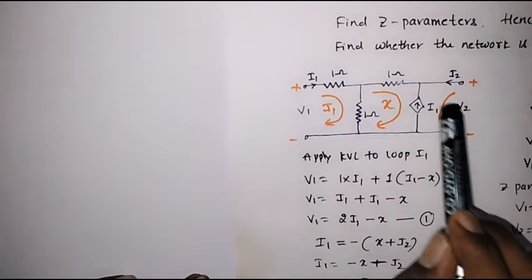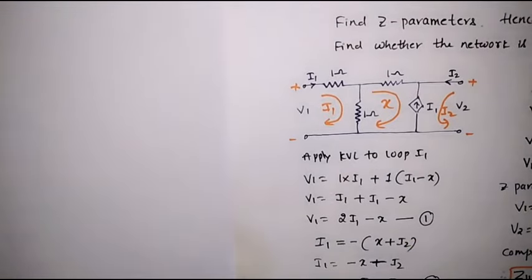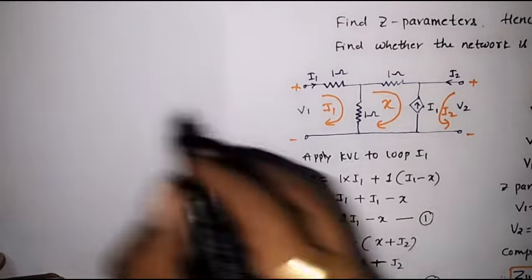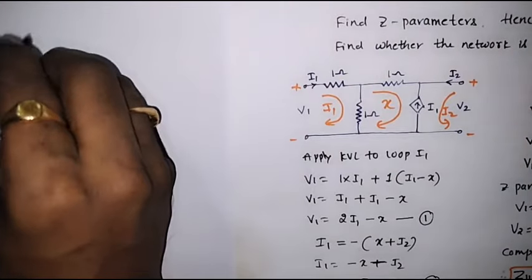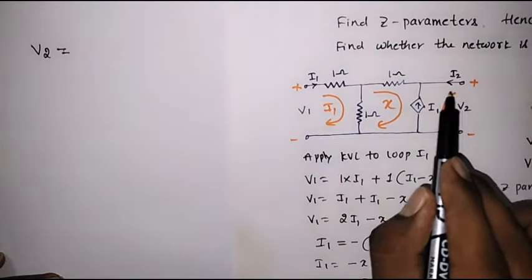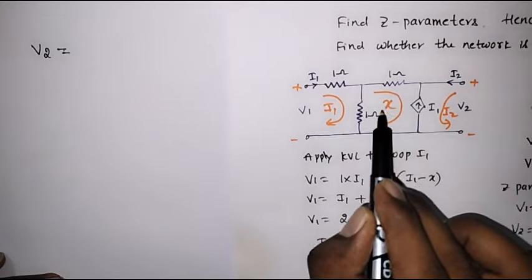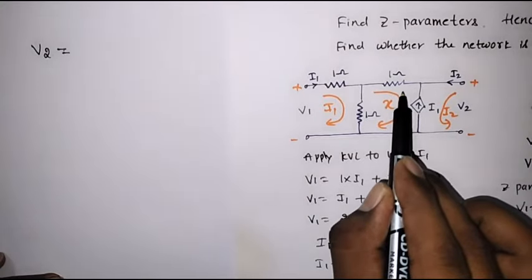Now I will apply KVL to the super loop and I'll go in this direction. So I'll start from V2. Therefore I can write V2 is equal to, now I am moving in this direction, but current X is opposite to our direction.